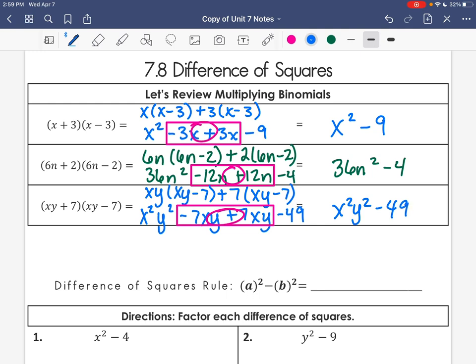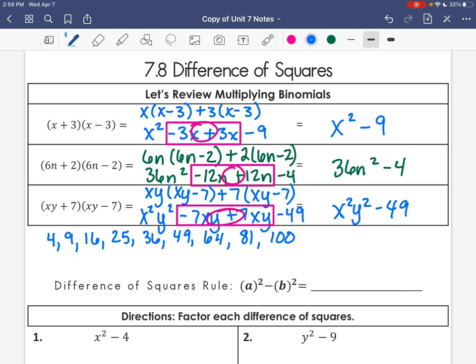Doing this particular work that we're going to do today is easier if you know some perfect squares. So you might want to spend some time thinking about that: 2 times 2 is 4, 3 times 3 is 9, 4 times 4 is 16, 5 times 5 is 25, 6 times 6 is 36, 7 times 7 is 49, 8 times 8 is 64, 9 times 9 is 81, 10 times 10 is 100.